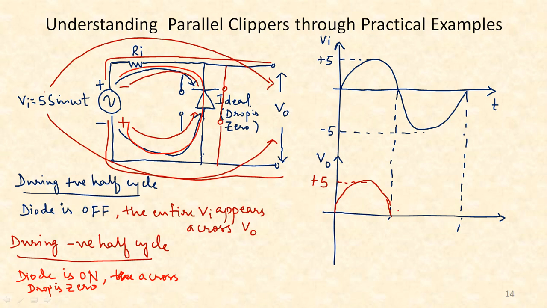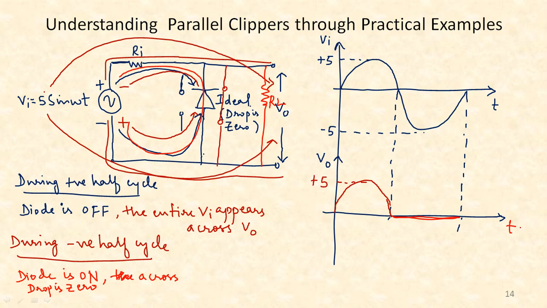When the drop is 0 across RL, nothing will appear. I think it is always better to represent this load resistance RL. So across RL nothing appears. As simple as that.